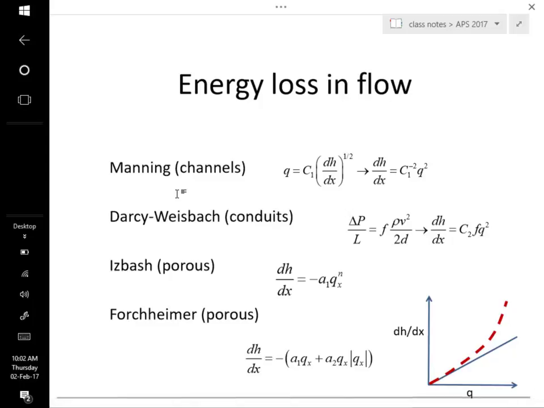So we looked at this, I guess, 2 classes ago with this. So that's Darcy's law, and we can rearrange that to be like this.